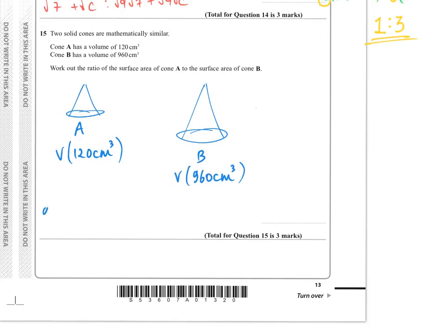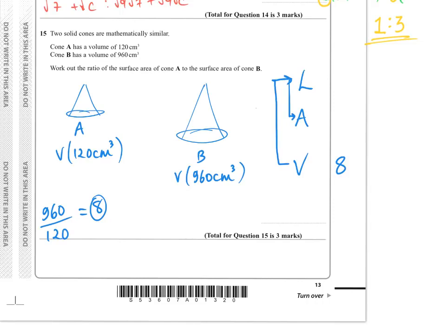Well, first of all, 960 divided by 120 is 8, which of course use your calculator by all means. So we know the volume scale factor is 8 times as much. So we can have length scale factors, area scale factors, and volume scale factors. If we have a volume scale factor of 8, that means we really should work down to the length as quickly as possible, and then we can work up to the area scale factor.